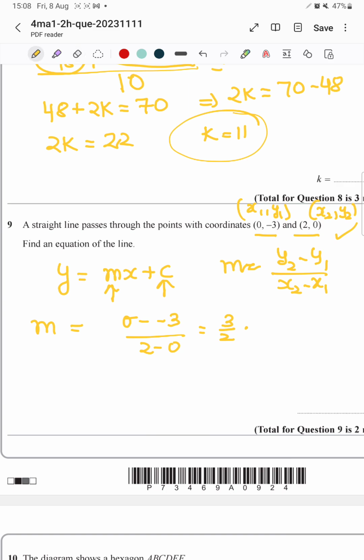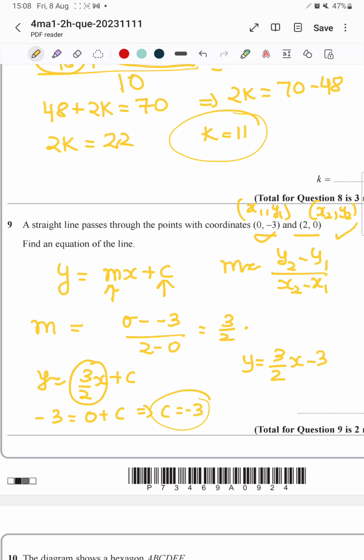So what I am going to do here, y is equal to 3 by 2 x plus c. The point I will take is (0, -3), because x is 0 here, and then it will make this one 0. So minus 3 is equal to 0 plus c, which gives me c as -3. So the equation of the line will be y is equal to 3 over 2 x minus 3. Now they haven't mentioned that the equation should be in a particular form, so we can leave our answer this way.